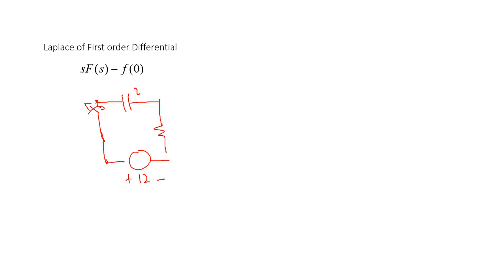So here let's say we are having I of t from the start, and its voltage is Vc of t. Here is R, here is 12. So sometimes we can write the current of the capacitor as C dV by dt.